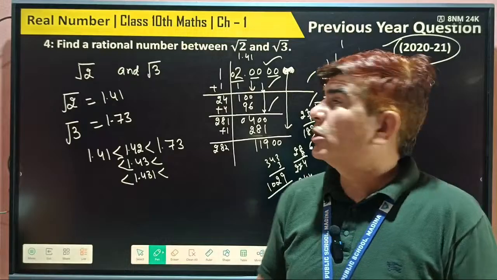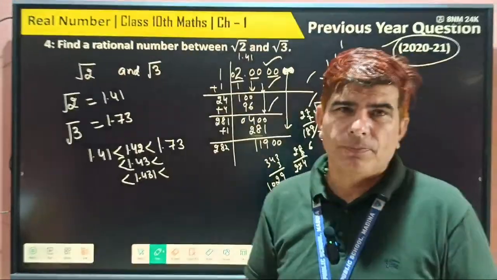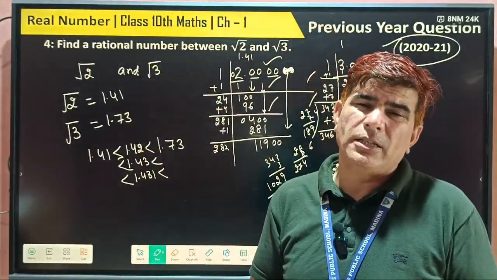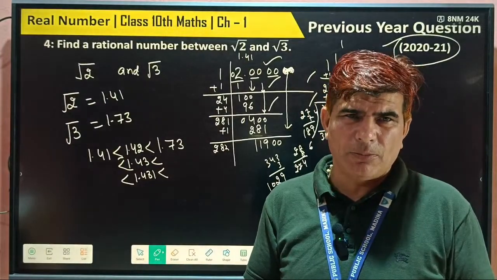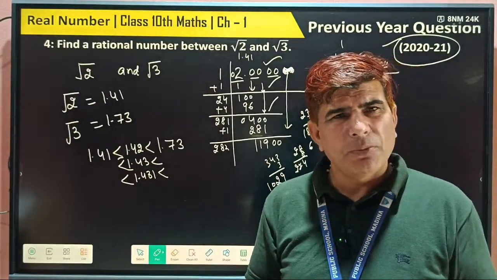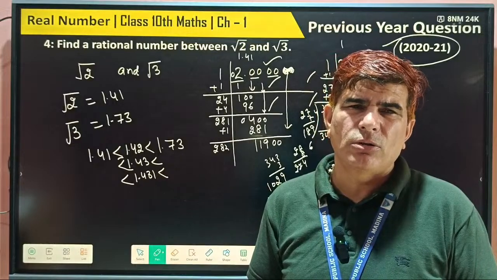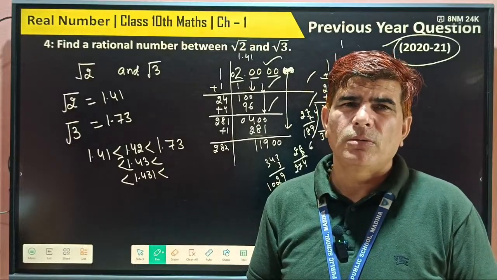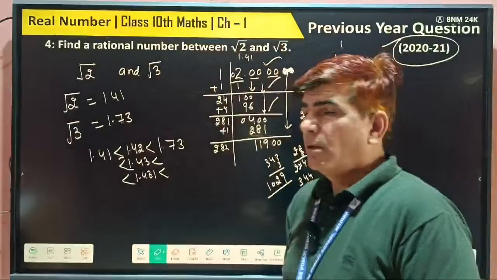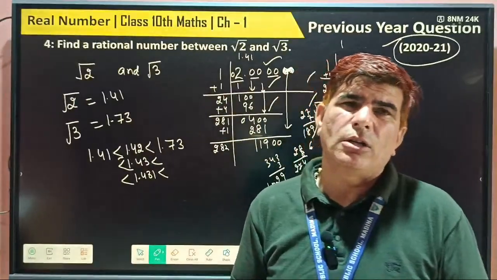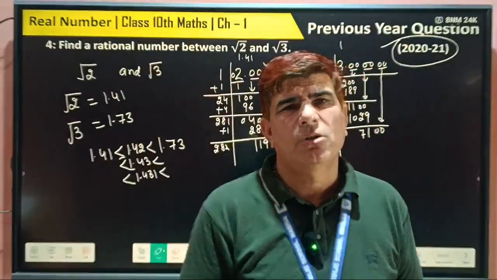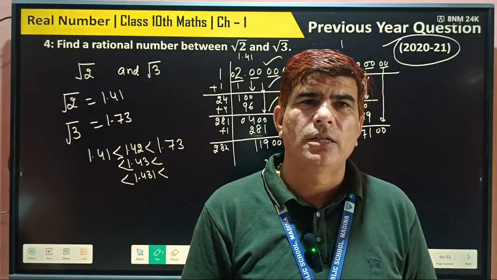This one is not of that part, but since it is not given in NCERT, this type of question creates a problem. But if you understand the chapter easily, you can solve it. I think no problem.